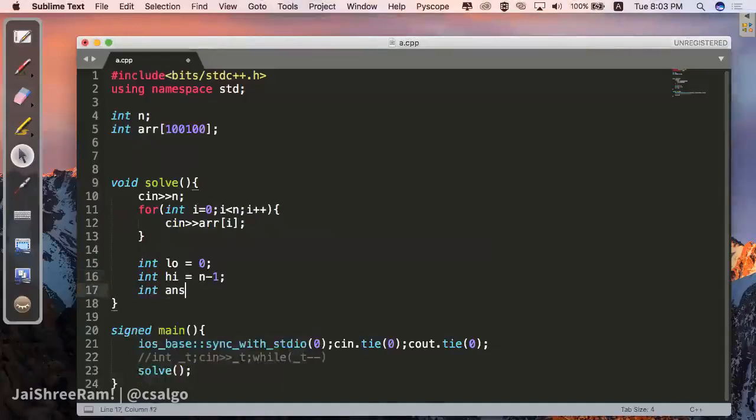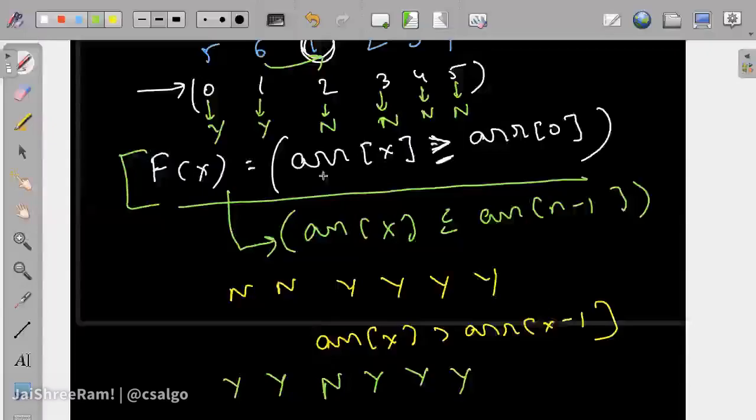And we keep an answer variable to keep track of the position where we find the first yes. If there are no answers found, then we will keep it as -1, like there is no answer. Or if we find the particular first no, then that's the answer.